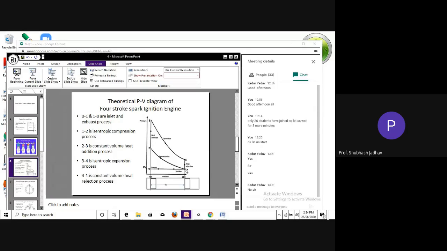The line is moving from right to left, as indicated by this arrow. So 1 to 0 is your exhaust process, and that completes your cycle.